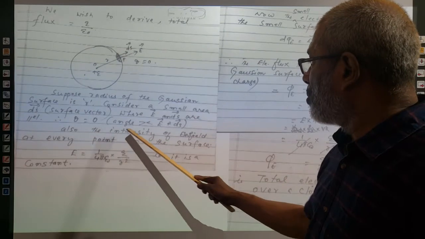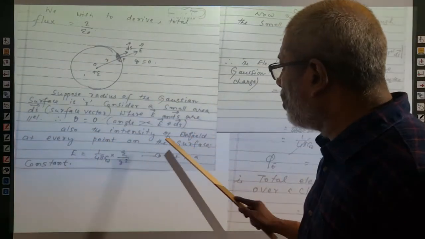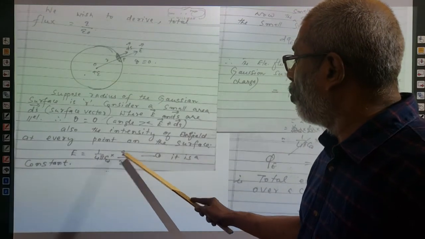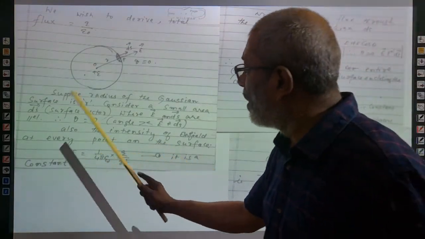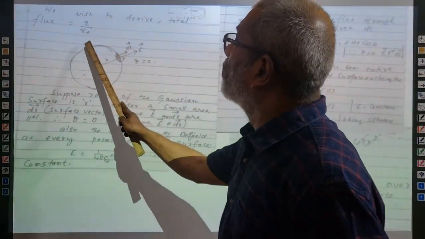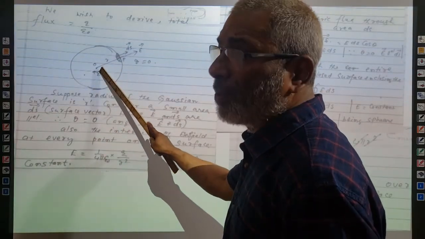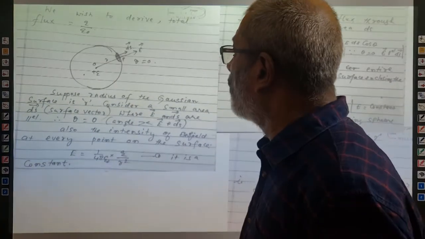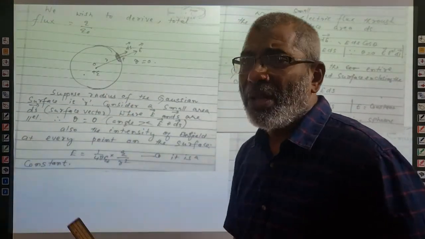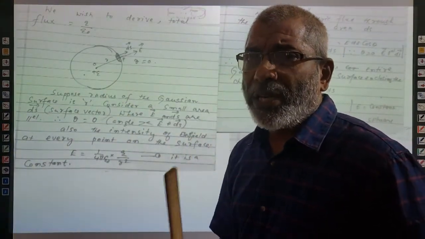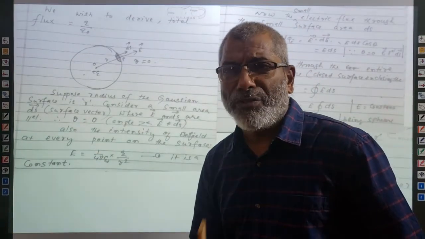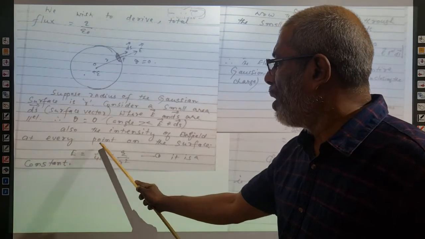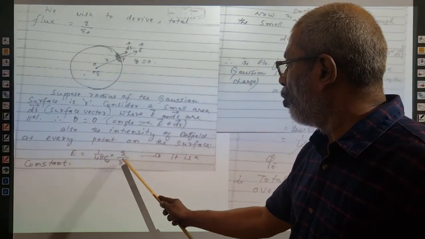Also, the intensity of electric field at every point on the surface is equal to 1 by 4 pi epsilon 0 q by r square. It is a constant. Why is that? Because this is a spherical surface and this is a charge. Every point on this sphere is at the same distance from this charged particle. So, for a charged particle, at a distance r away, the intensity of electric field is given by E is equal to 1 by 4 pi epsilon 0 into q by r square.